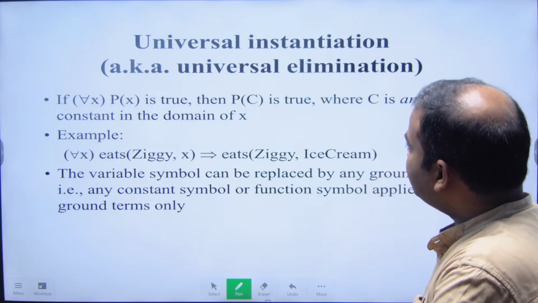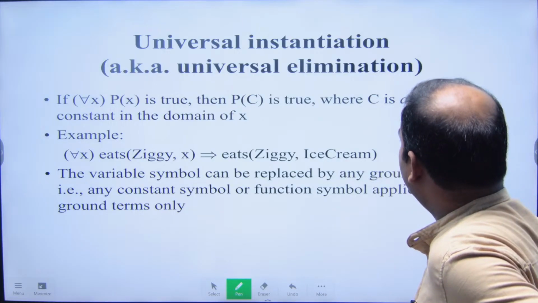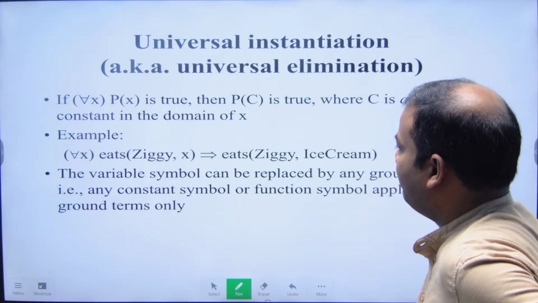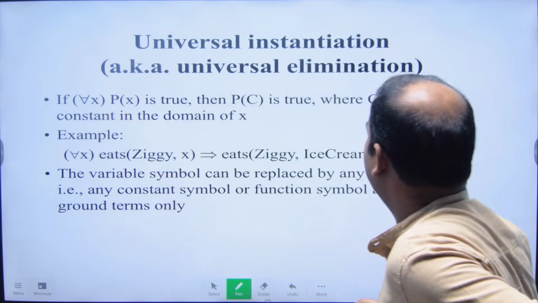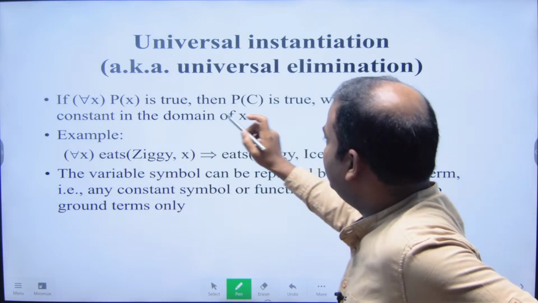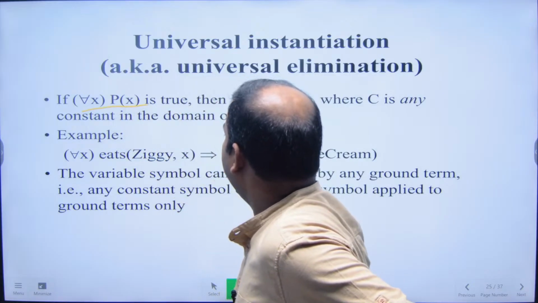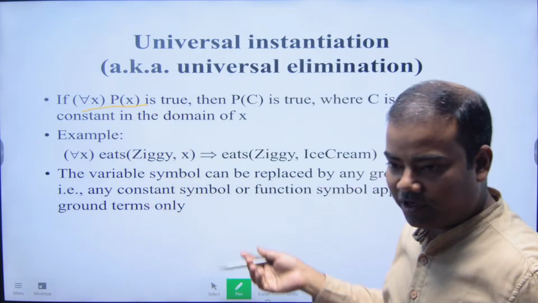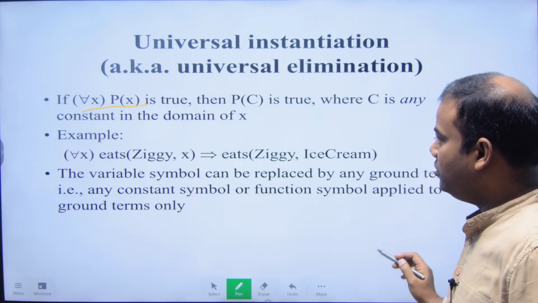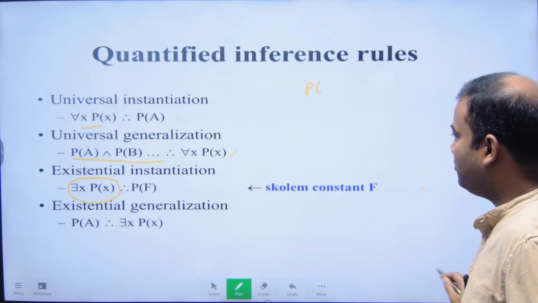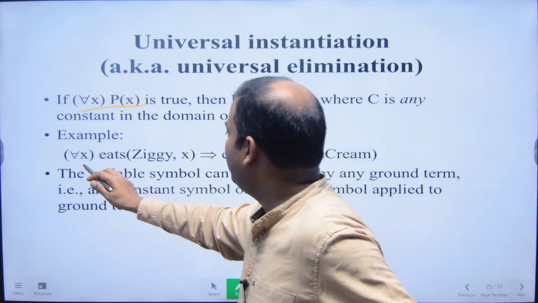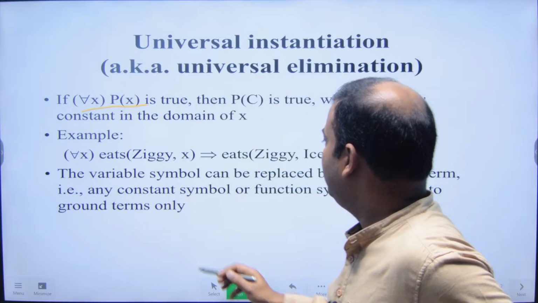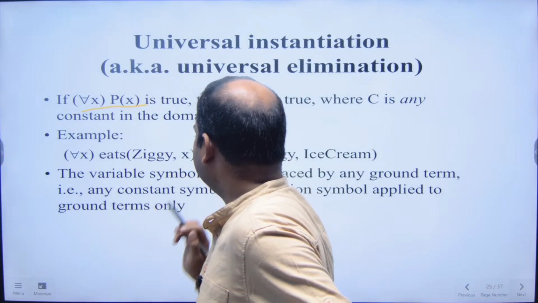So if for all x, P(x) is true, then P(c) is true, where c is any constant in the domain of x. If this is true, then for any x this is true. That is what we have learnt here also. Here an example is given: for all x, Jiggy eats x.